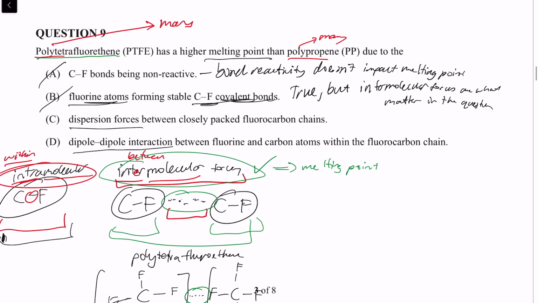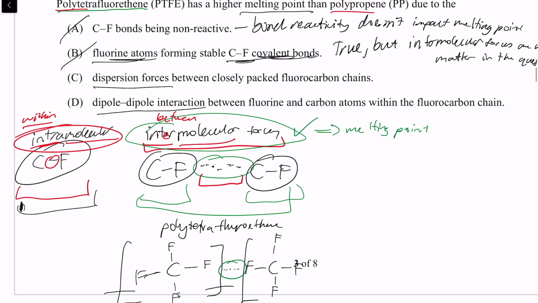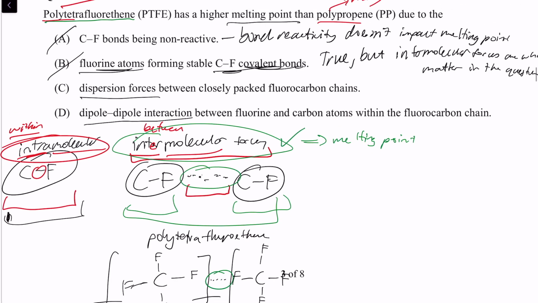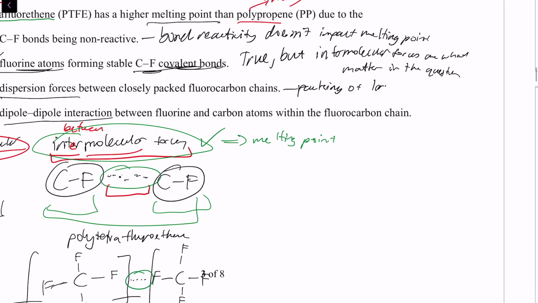Now let's see here. Dispersion forces between closely packed fluorocarbon chains. Yes, that is true because we know that the packing, so I'll circle that because that is the answer, but we know that the packing of large fluorine atoms leads to stronger dispersion forces, which leads to a higher melting point.